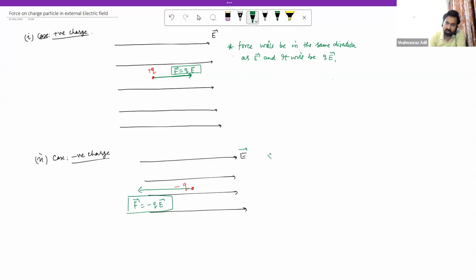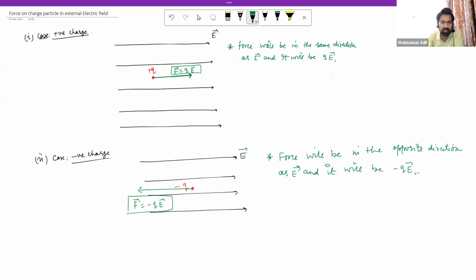So in this case, the force will be in the opposite direction as the electric field, and it will be minus QE. So this is the force on a charged particle in the presence of an electric field.